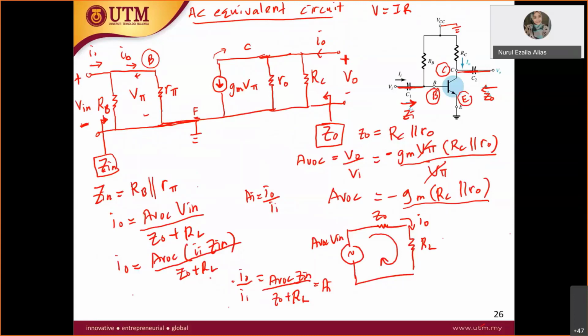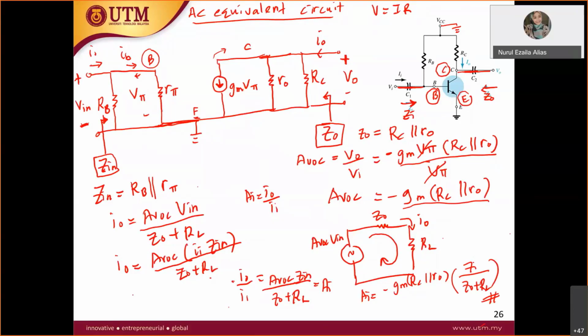You can replace those two, and finally you will get your AI is equal to negative gm RC parallel with r naught, times Z in over Z out plus RL. That's how they derive it.